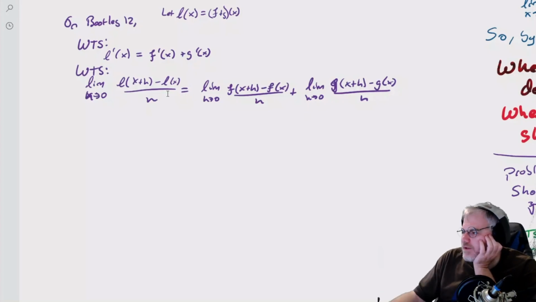If you plug it in, you get 2 times 9 plus 7 times negative 3 plus 3. So you're going to wind up with 18 minus 21 plus 3. Yeah, that's ugly.